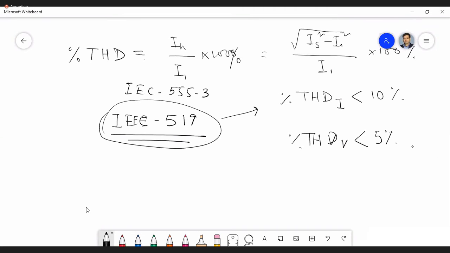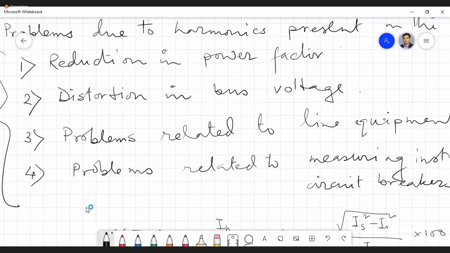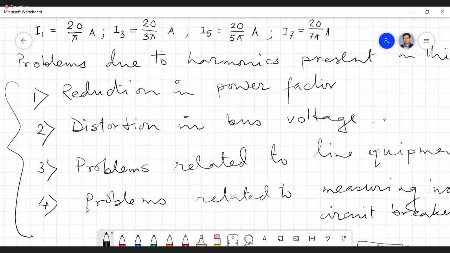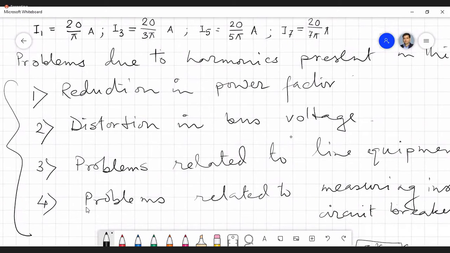Now, one more thing we pointed out in the last class, that is the different types of problems that may occur due to the harmonics in the line current. Now, these problems are listed, like reduction in power factor. So one by one we'll discuss.